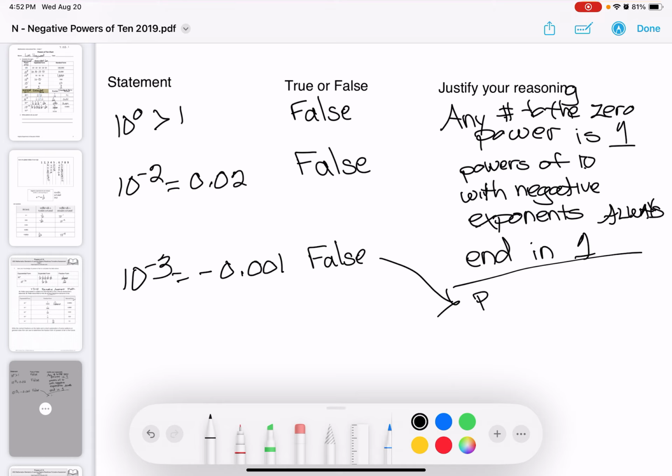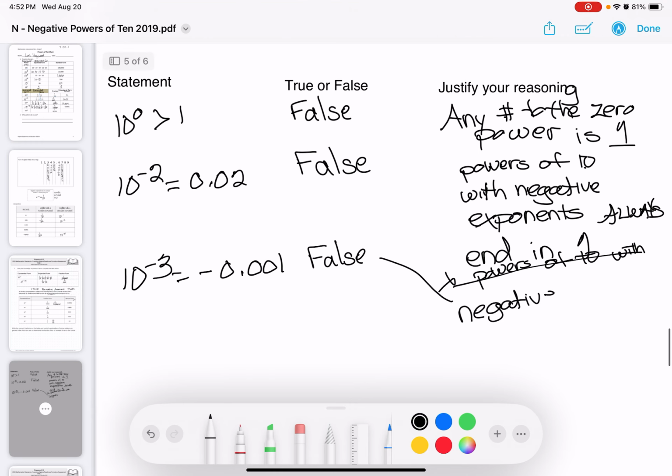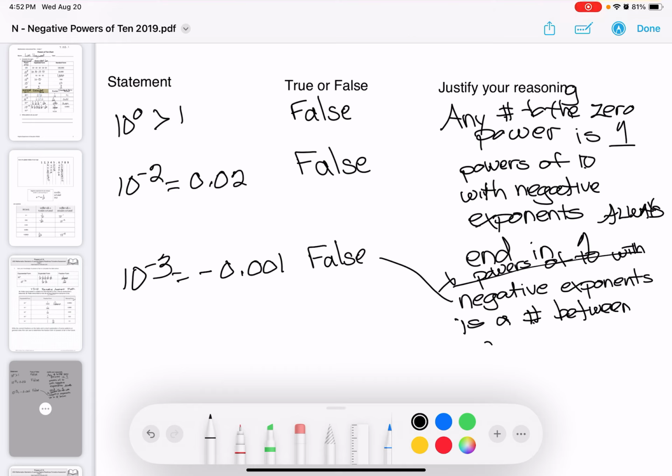So powers of 10 with negative exponents is a number between 0 and 1.